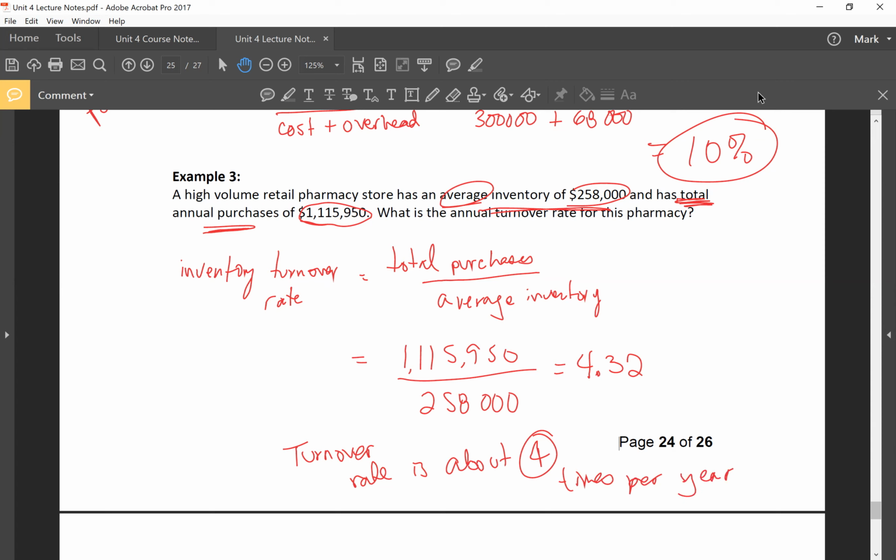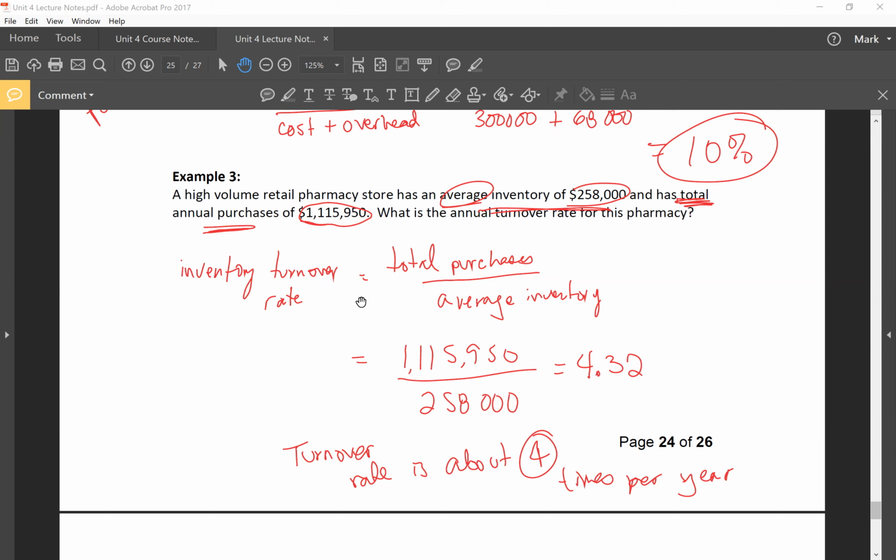A lot of people are multiplying it by 100. It's not a percentage. I know it sounds like a percentage. Well, hold on now. Let me just do it on my calculator to double check. Meaning you don't need to say percent when you do this.